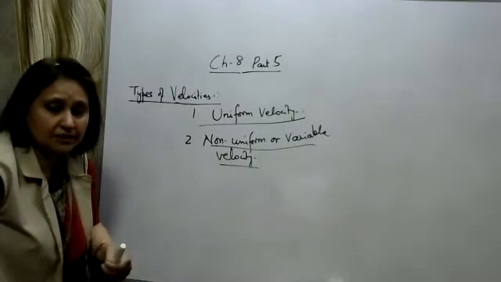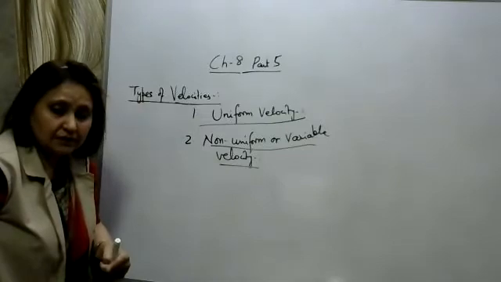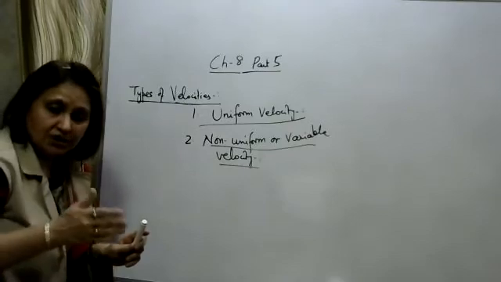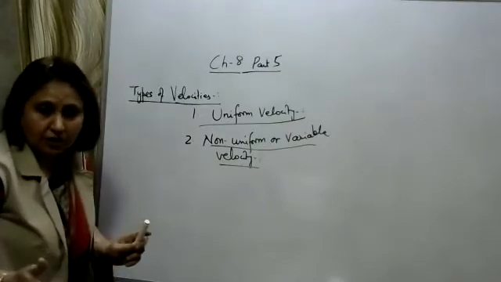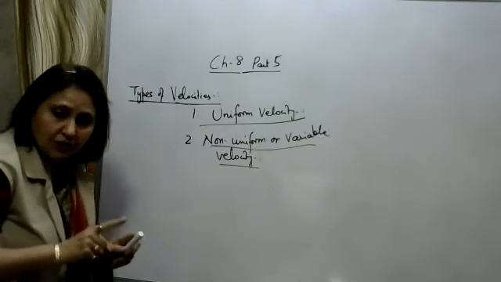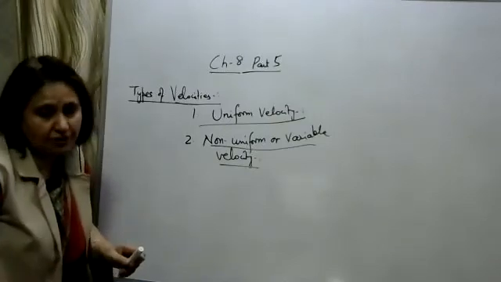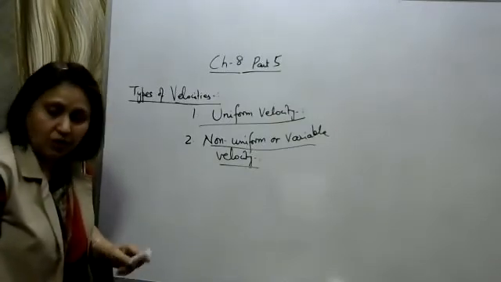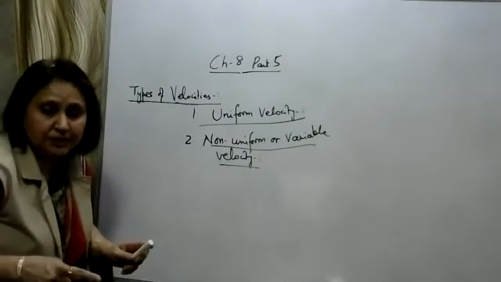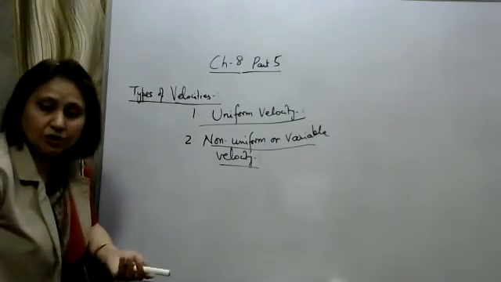Velocity is not constant. Now, how will we define variable velocity? We know that velocity is speed with direction. So either the speed is changing or the direction is changing. Any object which is moving with a constant speed but changing its direction, then also the velocity will be variable. Or if it is moving in the same direction but changing its speed, then also the velocity will be non-uniform.